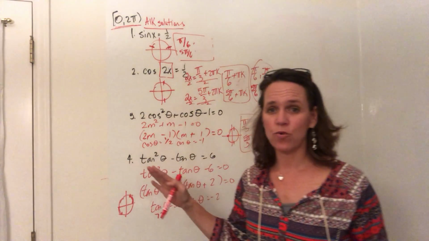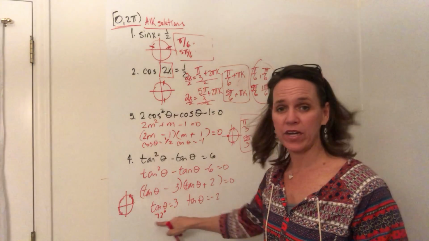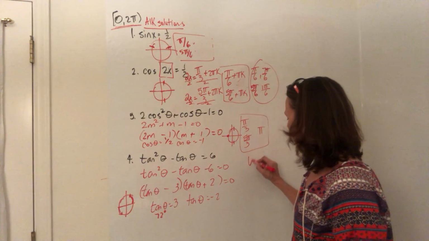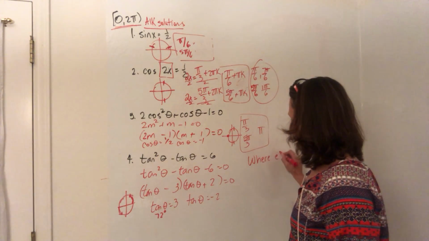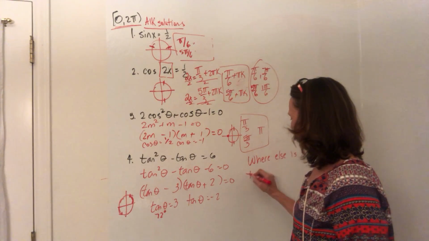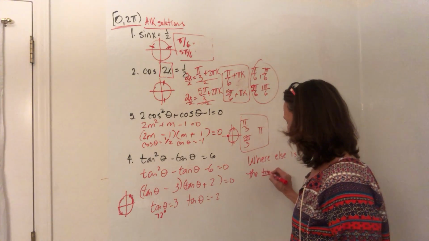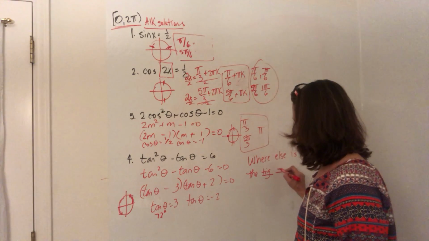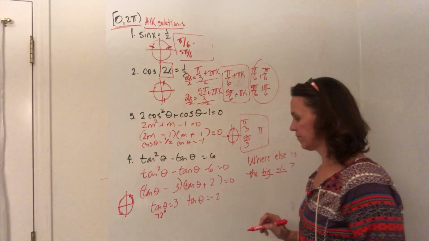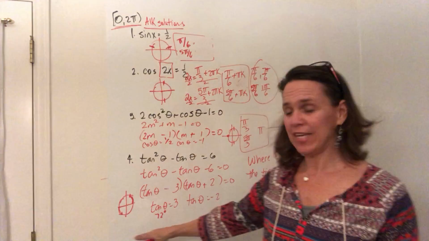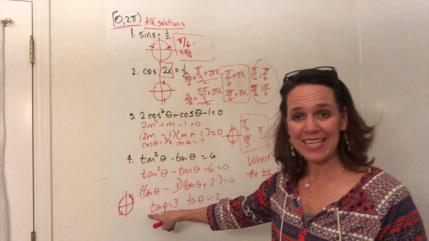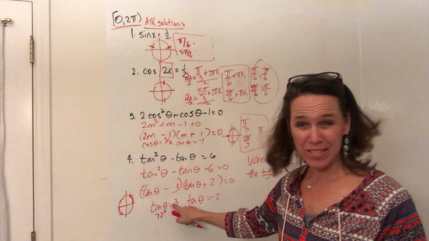So the question that you always have to ask yourself when it comes down to this part, you have to say, where else is the, and this will be your trig function, and this will be positive or negative. Okay, so here, I would go into here and I'd say, where else is the tangent? See how that's positive?